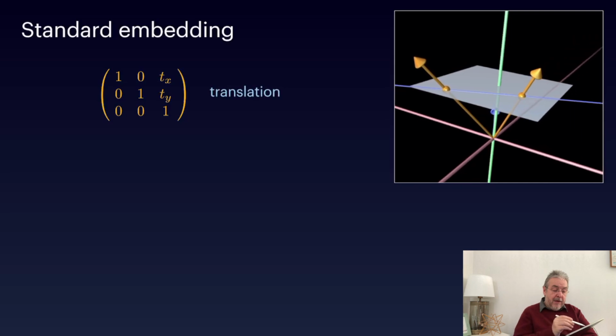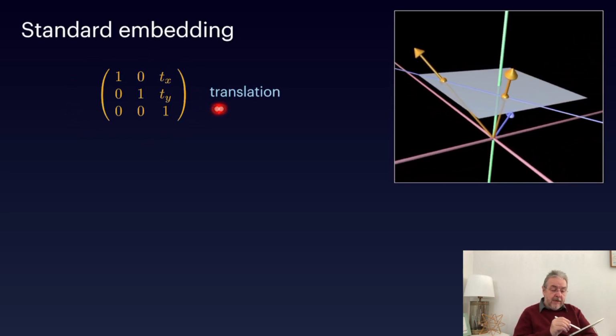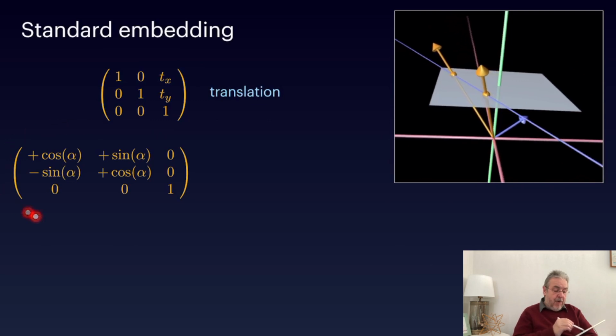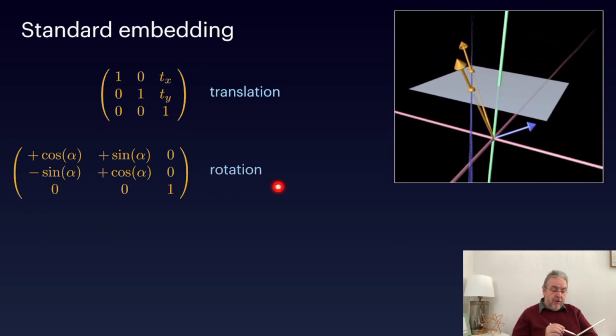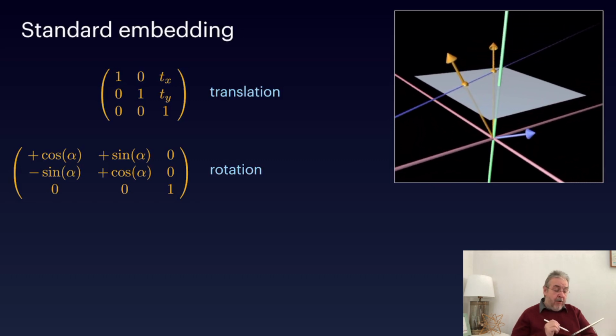So this form of a matrix leads to a translation. This form of a matrix leads to a rotation about the zero vector.